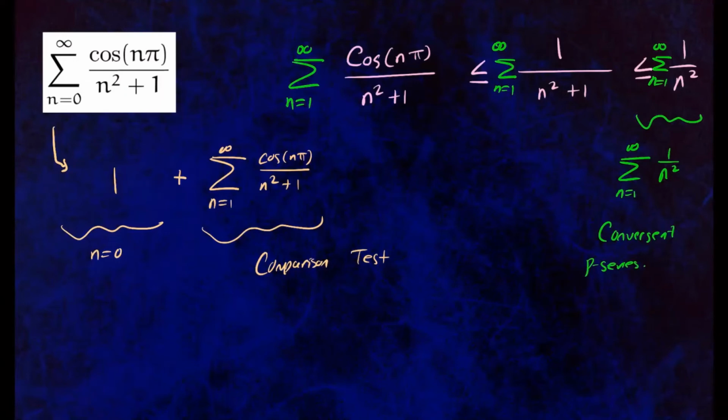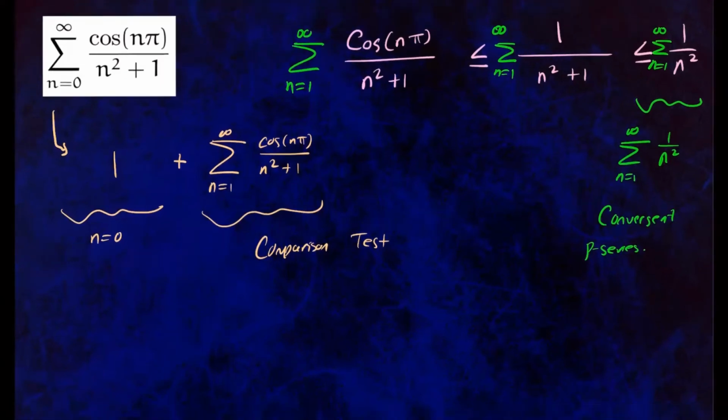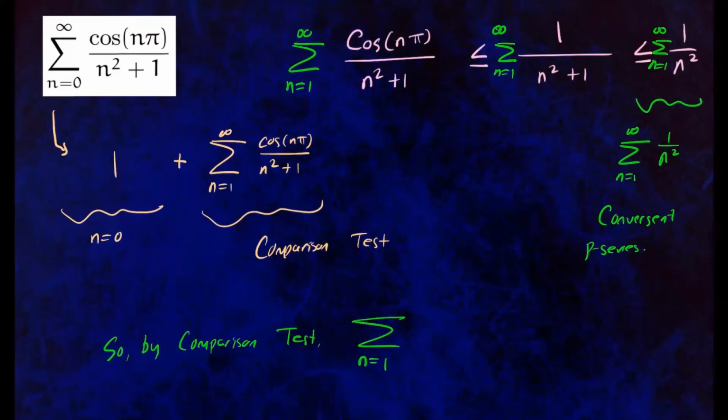So therefore, because it's above the one we're comparing it with, it will also converge. So by comparison test, the series we're looking at from n equals 1 to infinity of cosine of n pi over n squared plus 1 converges.